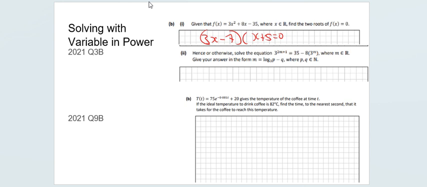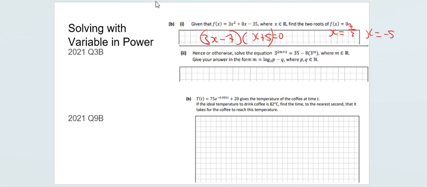Then when you solve it from there, you'll get x is equal to 7 over 3, and x is equal to minus 5. So you get two answers, 7 over 3 and minus 5.